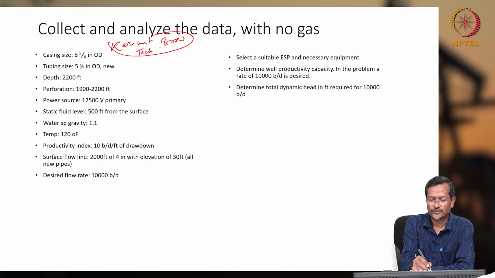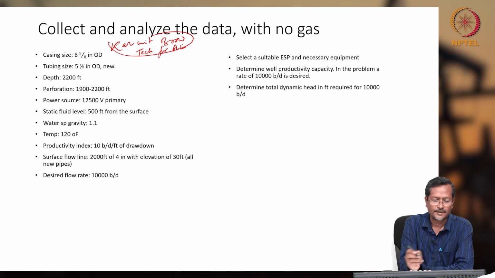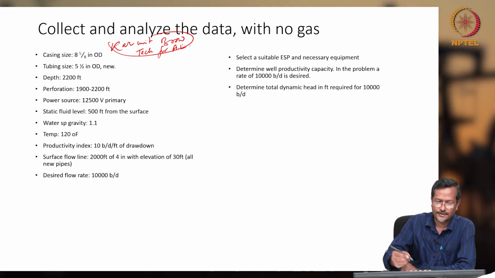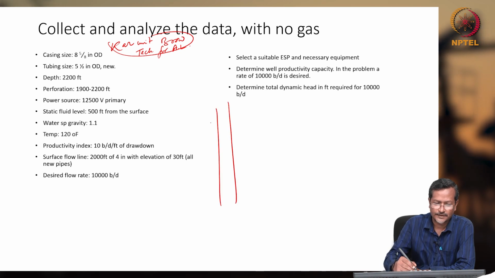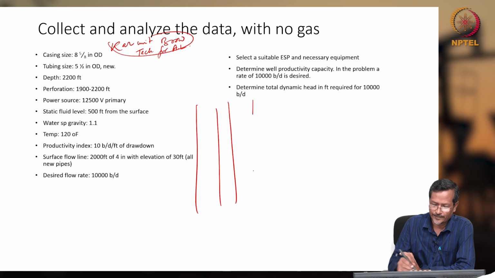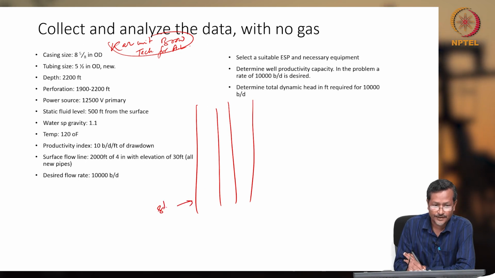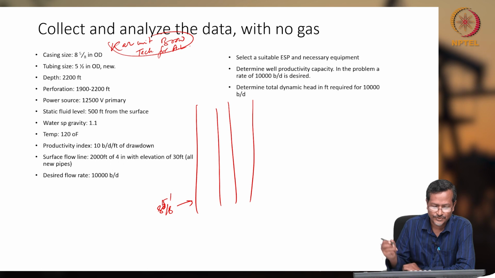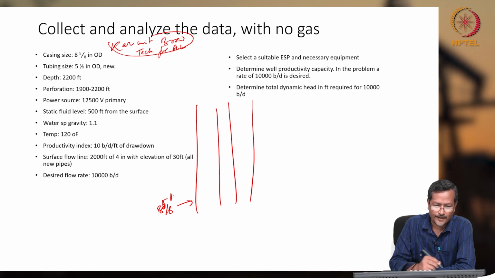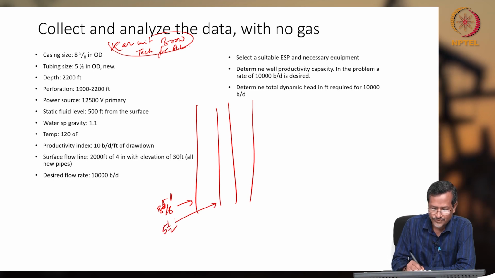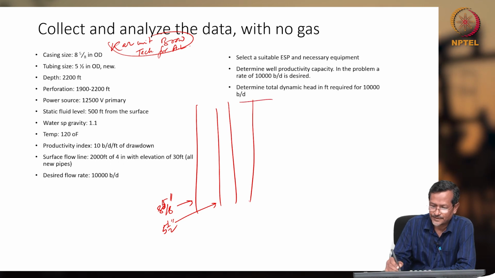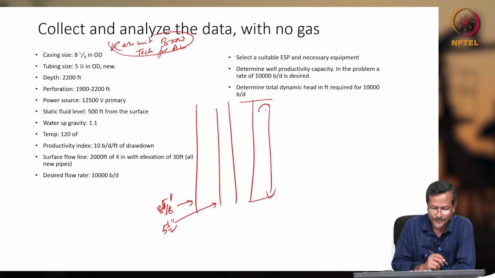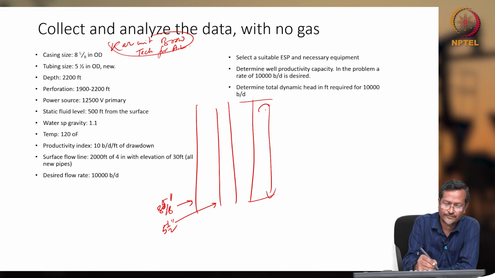The outer diameter is given as 8.5 inch, 8.58 inch, this casing size is given, and the tubing size is given as 5.5 inch. Then depth 2200. Here it is not written anything about the depth, but I think it is vertical. Let's say use a vertical wellbore.